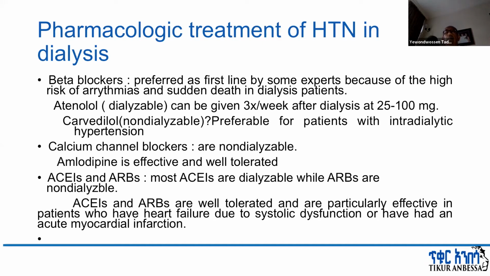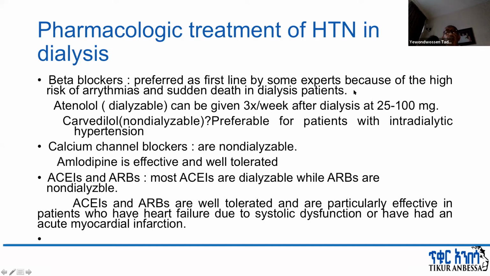Although blood pressure therapy must be individualized on the basis of some of the things I mentioned, prominent people who have studied hypertension in dialysis, like Rajiv Agrawal from Indiana, the United States, prefer beta blockers as first-line therapy.